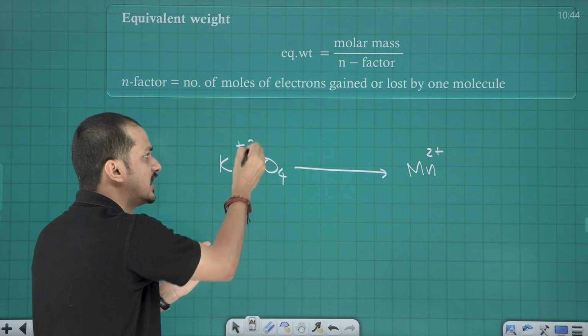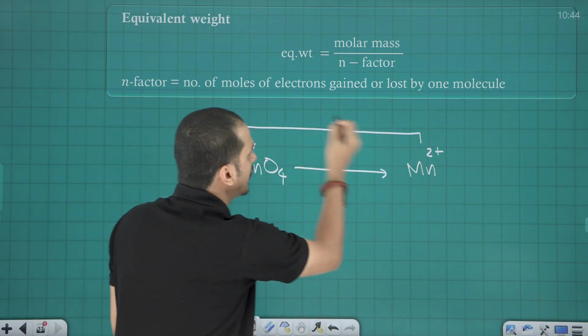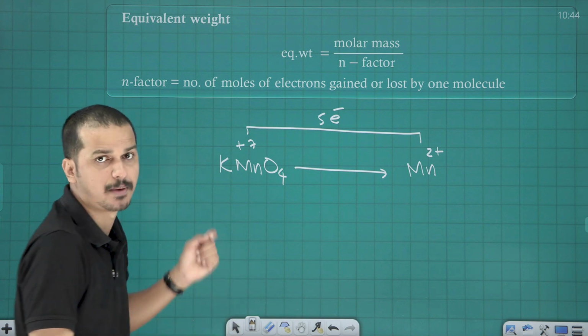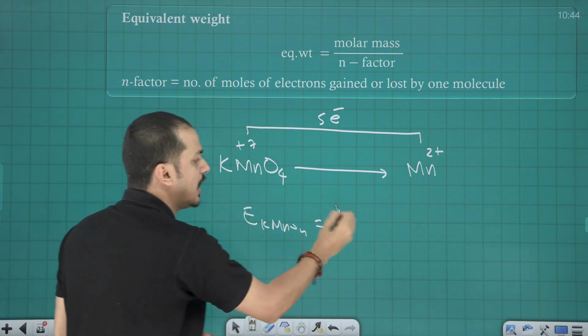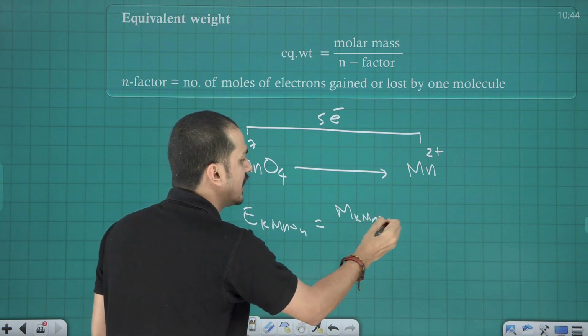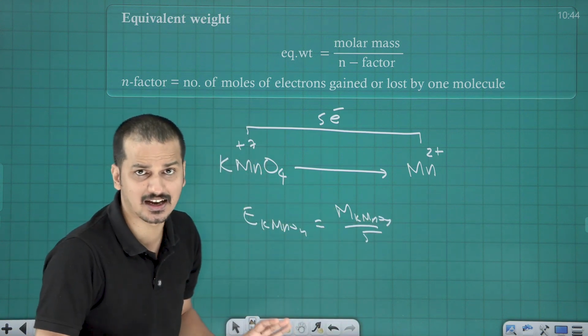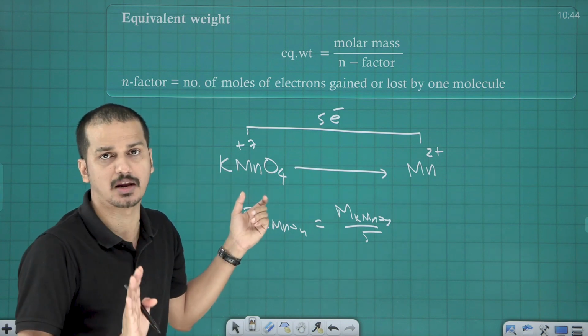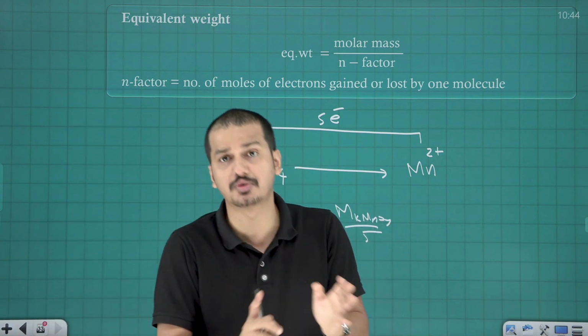Here manganese oxidation state is +7, and it becomes +2, so 5 moles of electrons are participating. So the equivalent weight of KMnO4 is equal to the molar mass of KMnO4 divided by 5. Like that you have to keep it in mind. Idea clear? That is, per molecule how many electrons are participating. That idea is equivalent weight.